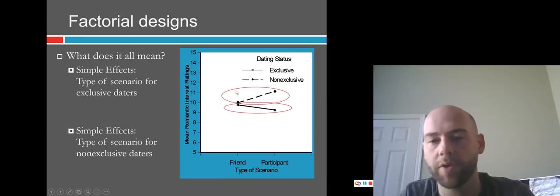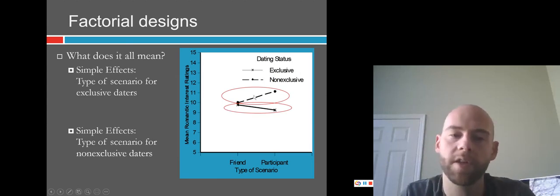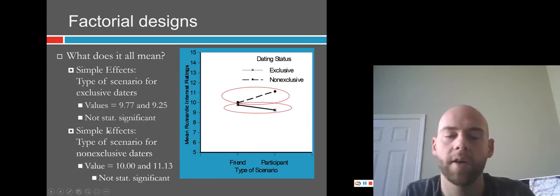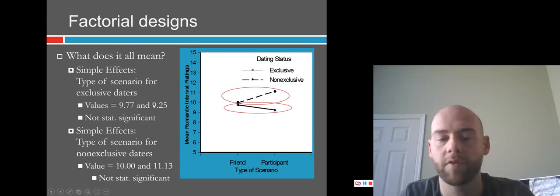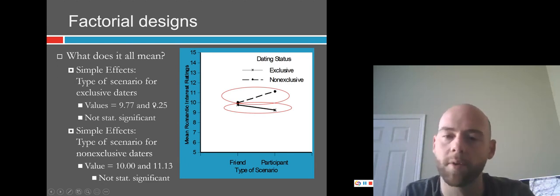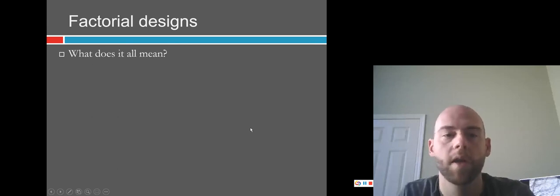And if you test both of these things, there's kind of a trend here, but they don't actually turn out to be statistically significant from one another. So, there's some kind of trend. Maybe with a bigger sample size and a smaller measurement error, these things would be significant differences, but they don't actually tend to be in this particular sample.